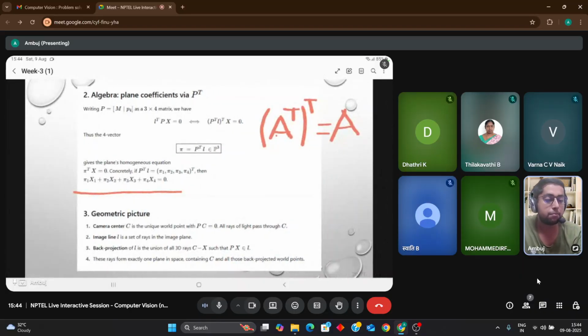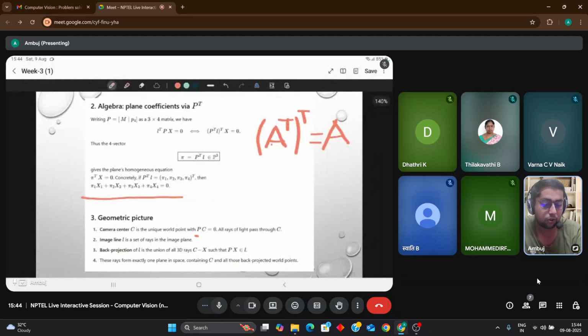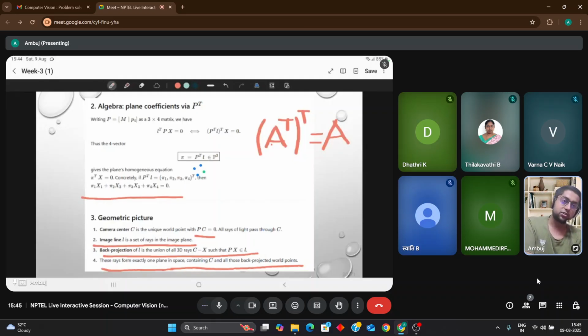All of the rays of light pass through this point, the camera center C. An image line L is a set of rays in the image plane, and the back projection of L is the union of 3D lines whose image points belong to L. All these rays form exactly one plane in space containing C, projected backwards towards the world point.